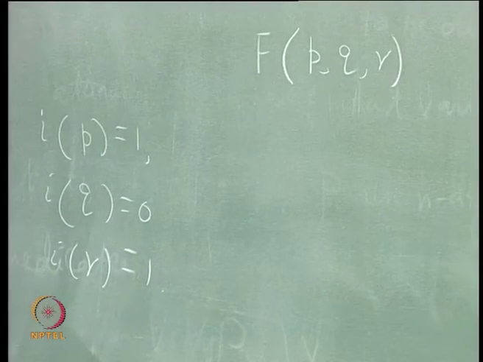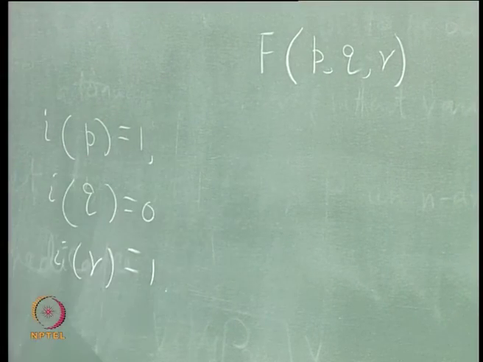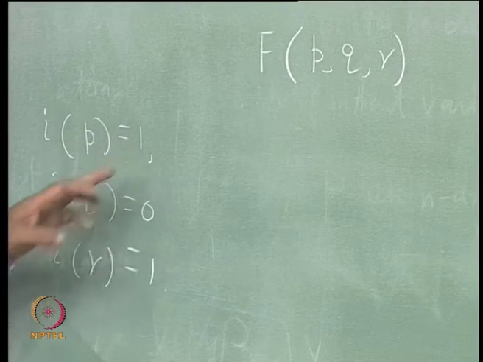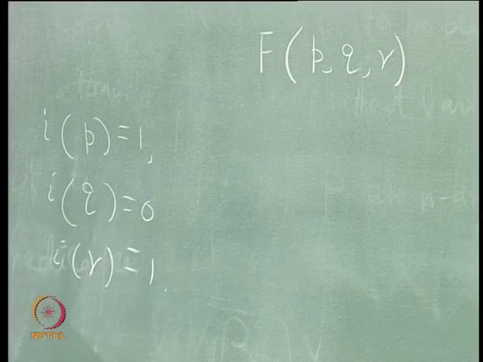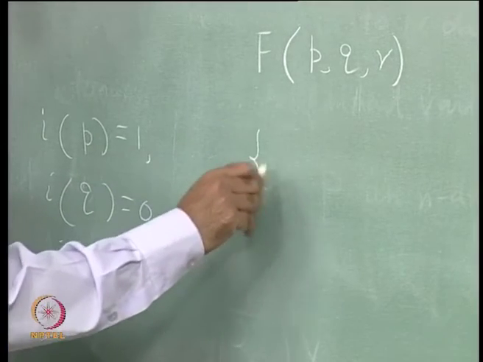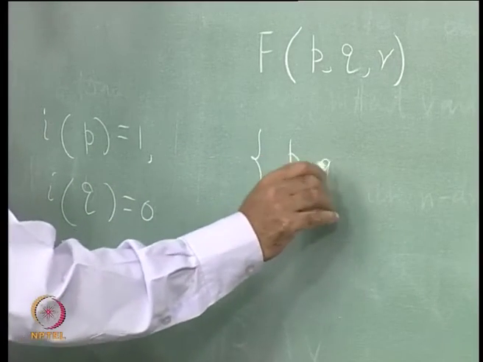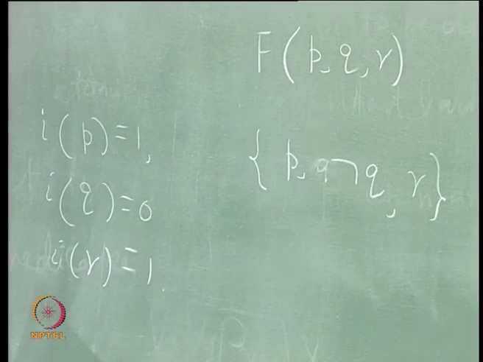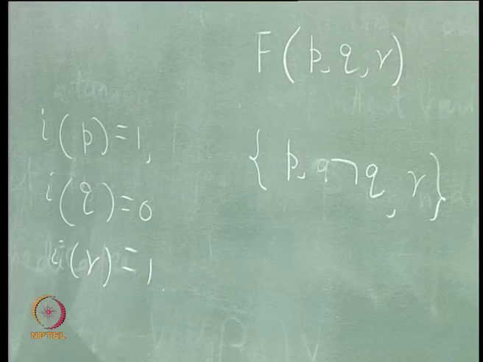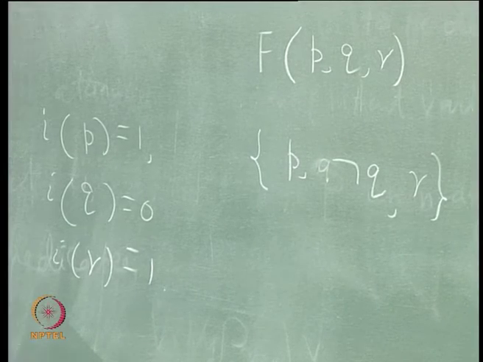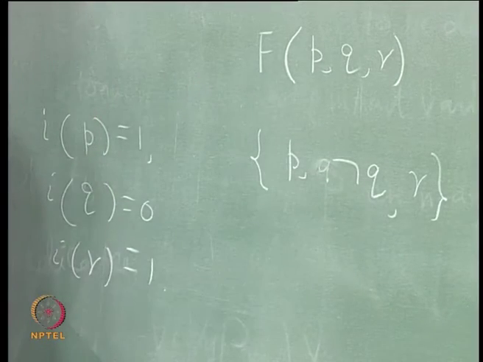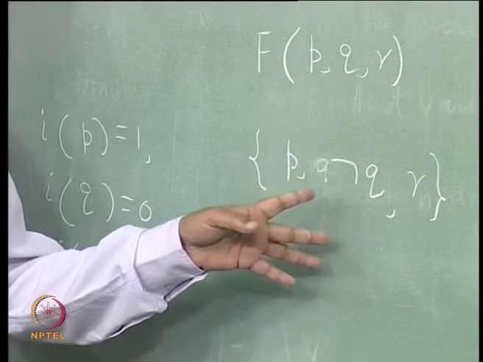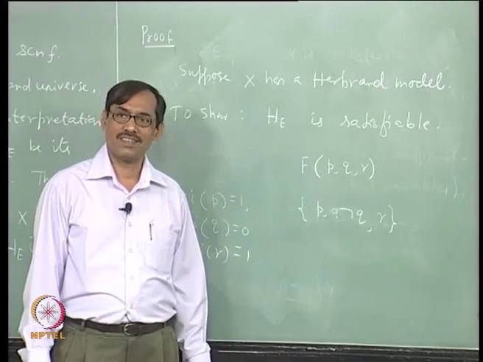I can write this model in a different way. Instead of writing I of P equal to 1, I of Q equal to 0, I of R equal to 1, I will write it as a set P, not Q, R. I can just write this set. I will say that this is my model, they are equivalent. This is what we have done while constructing the normal forms also, right.